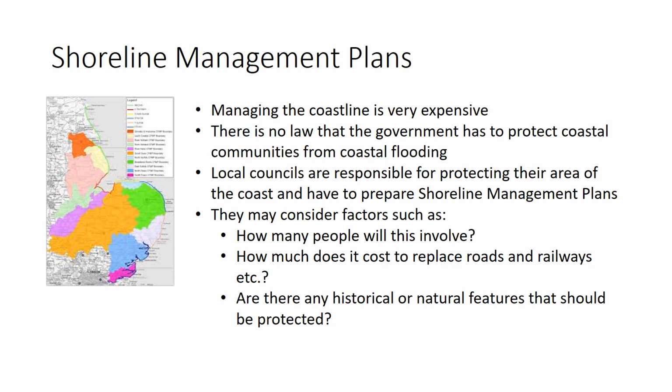How much would it cost to replace the infrastructure, such as the roads or the railway lines or the bridges, if they were washed away? Are there any historic or natural features that should be conserved and protected? And do these features have an economic value? So, for example, do they attract tourists to the area?